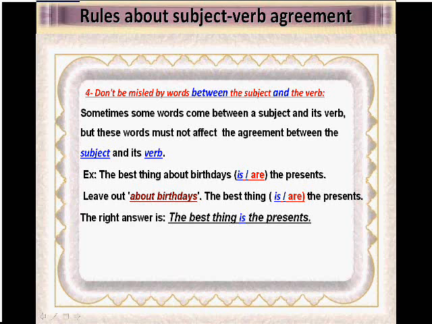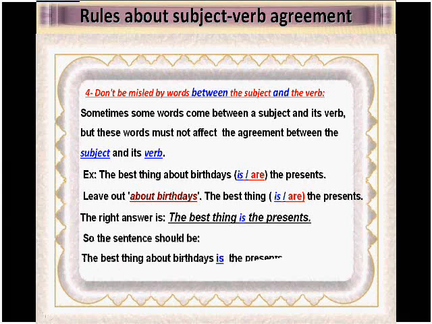Of course, when you chose such an answer, you just removed in your mind the words about birthdays. So really the sentence is going to be the best thing about birthdays is the presents.